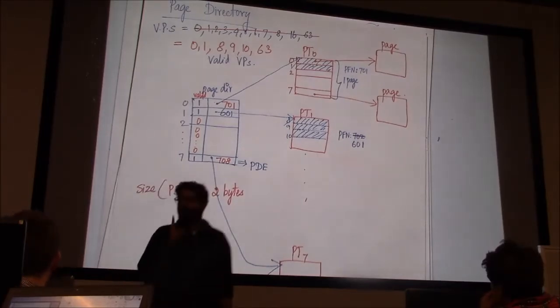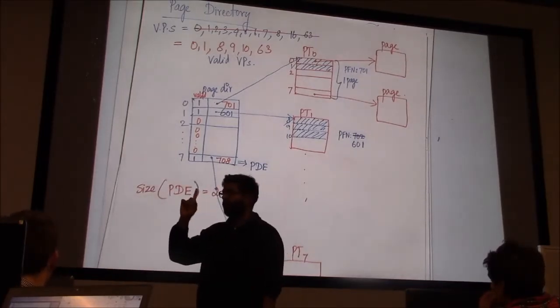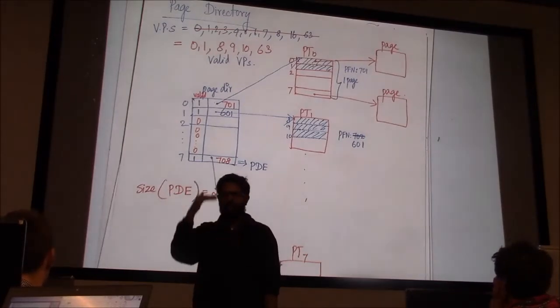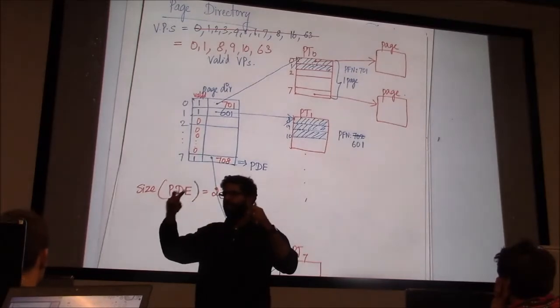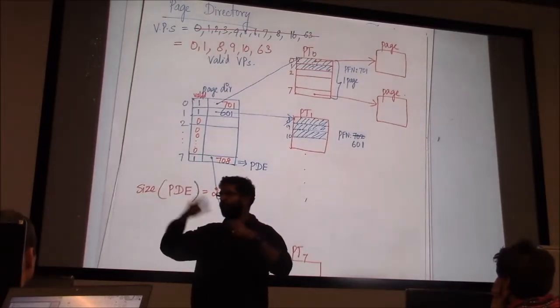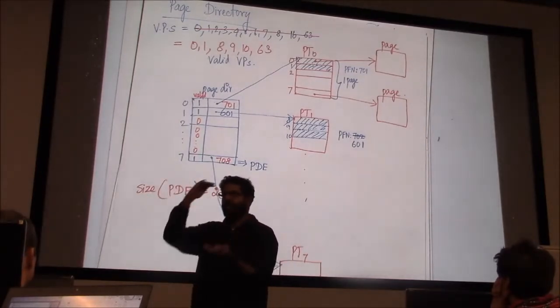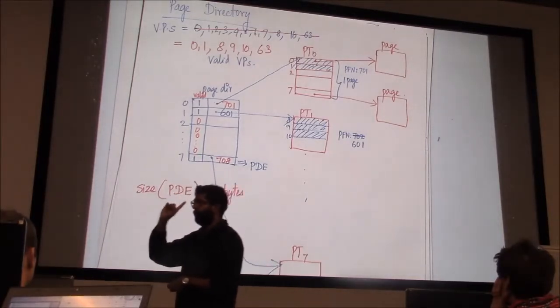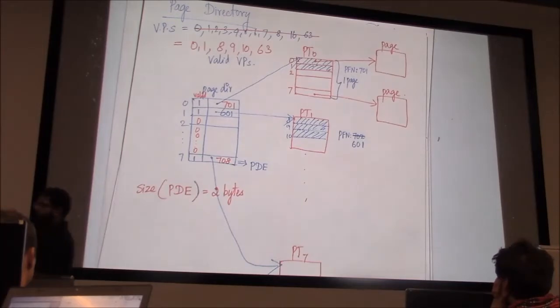One page. Exactly, we just need a single page because all it has is 8 page directory entries, and each page directory entry is 2 bytes, so in total we need 16 bytes, and a page size is just 16 bytes. We just need a single page to store the entire page directory.